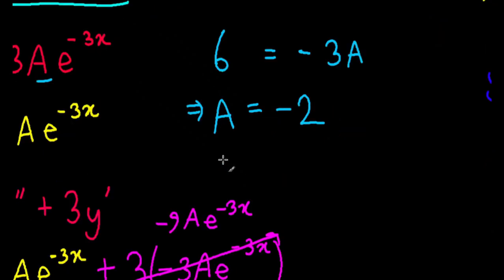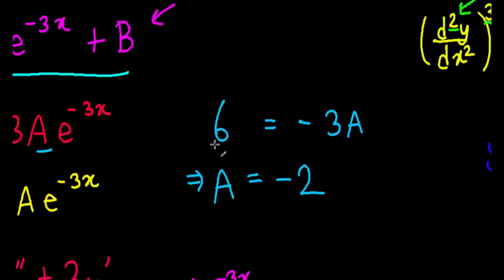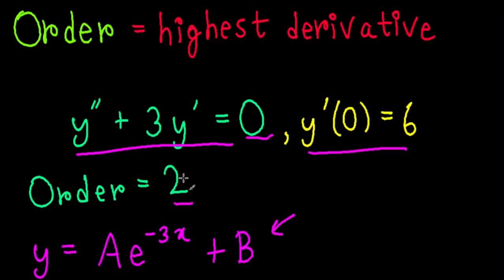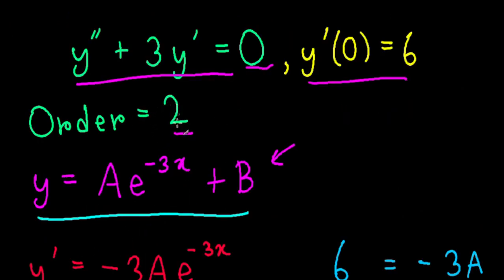To find a particular solution, you need as many of these extra conditions, subsidiary conditions, initial conditions, whatever you like to say, as the value of your order.